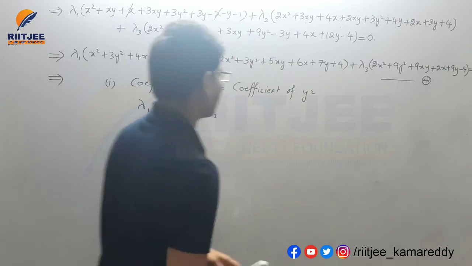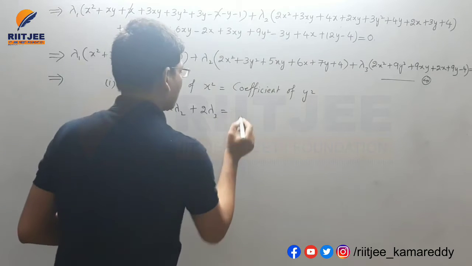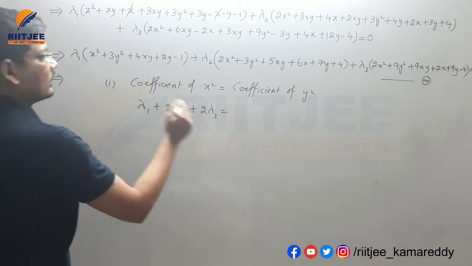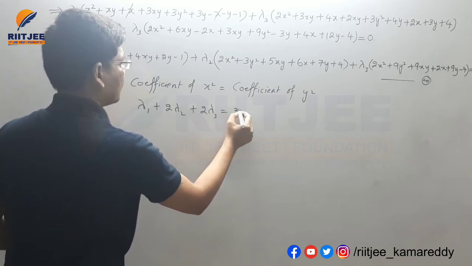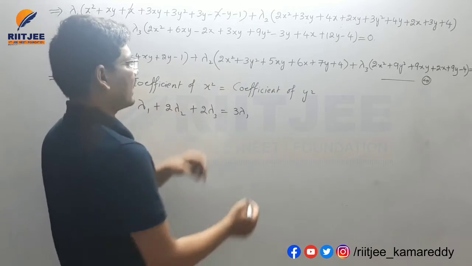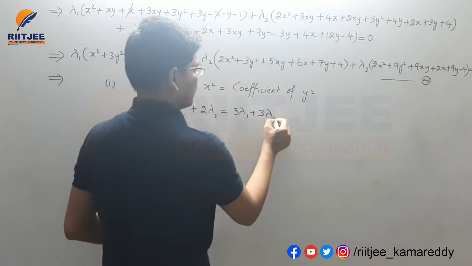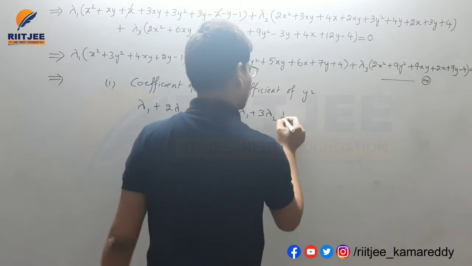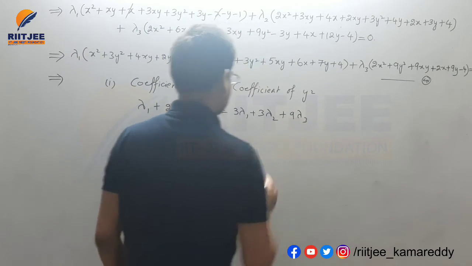This is the x square coefficients here. Next y square coefficients here. Y square coefficients are nothing but 3 into lambda 1, next 3 into lambda 2, next 9 into lambda 3.